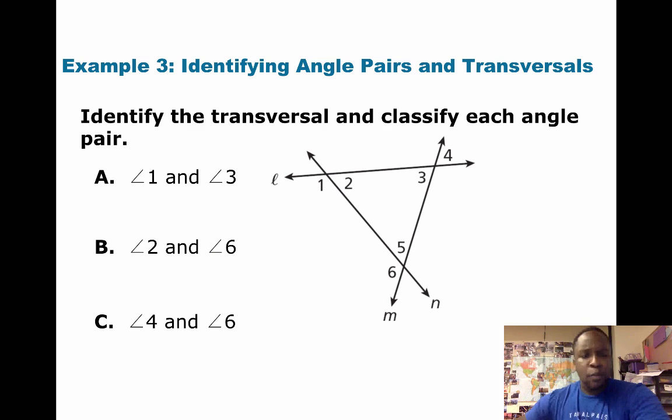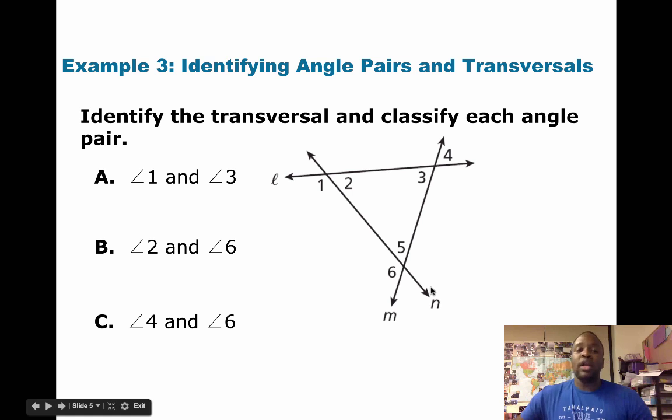So we're going to finish up with one that's slightly more complex, where the transversal isn't necessarily clear, because all 3 of these lines, L, M, and N, could be a transversal depending on what angles we're looking at. So we're going to identify the transversal and then classify each angle pair.